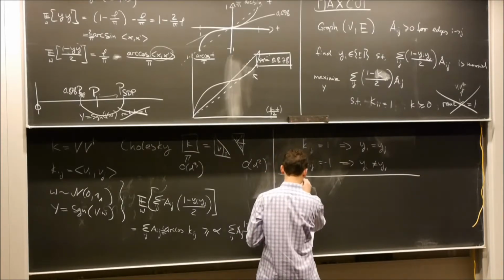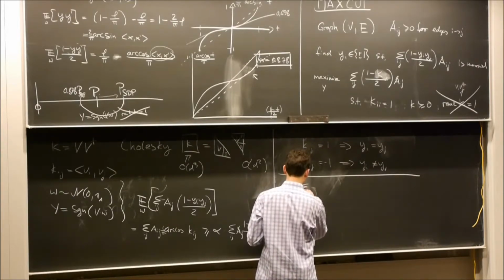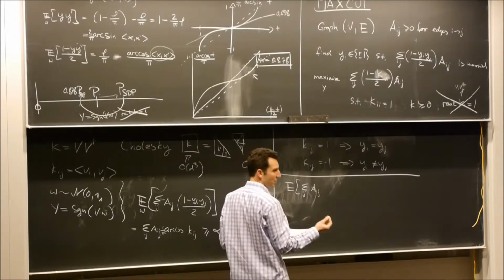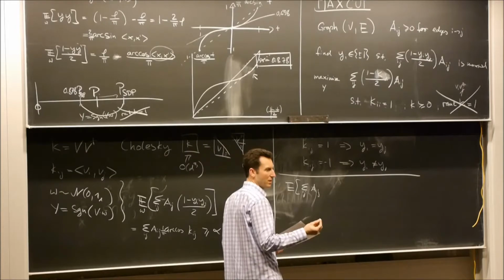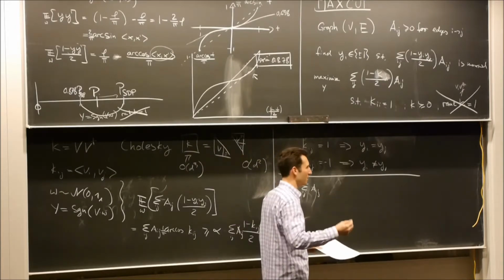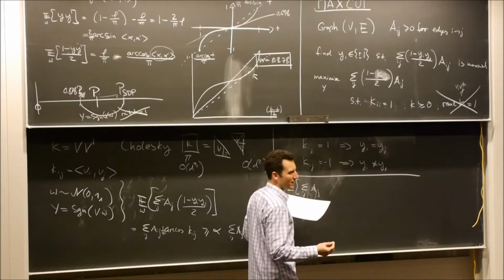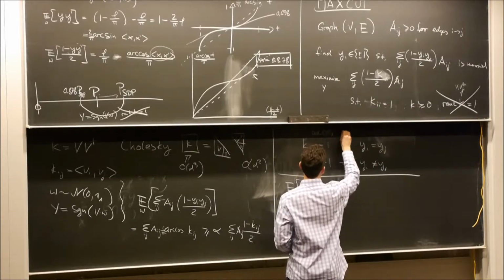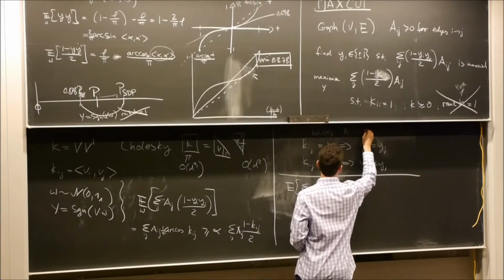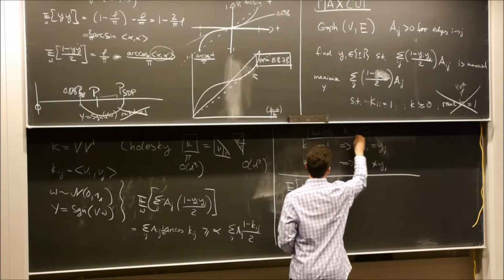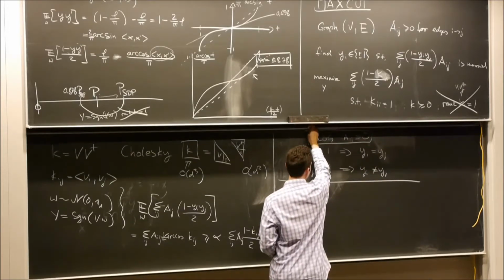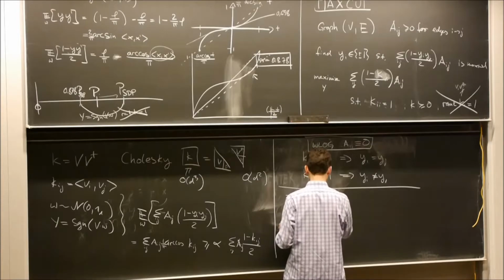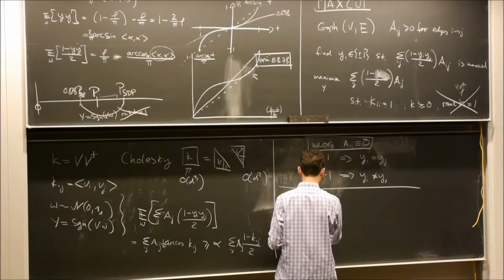Basically, I'm going to look at the sum over i and j, aij. By the way, without loss of generality, I'm assuming that aii equals 0. Otherwise, I just need to explicitly eliminate this from some sums. Well, not here, but in some other cases, I would have to worry about it. So aii equals 0. It's just to make my life a bit easier. So I'm going to look at this.